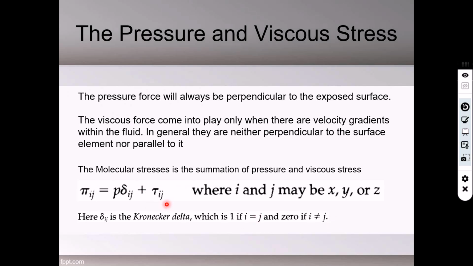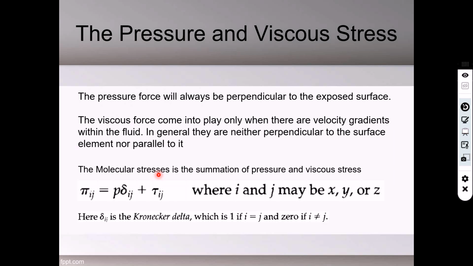And since the shear stress is the same as the pressure, in the BSL they usually put the two together, and call the combination of the two the molecular stress. Why do they call it molecular stress? All right, let me explain this, okay?